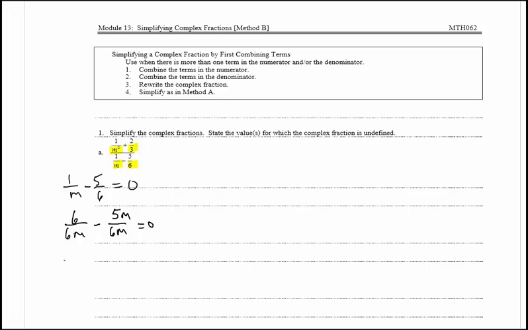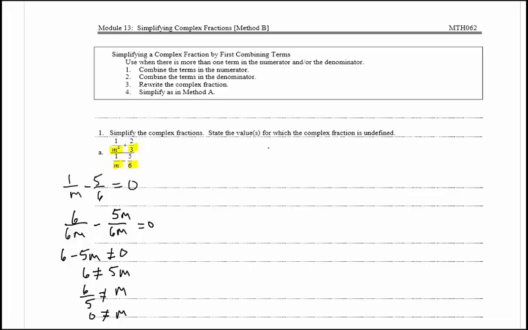Then 6 minus 5m cannot equal 0, and we would solve for m, so 6 is not equal to 5m, and m cannot equal 6/5. And we also said that m cannot equal 0. So this complex fraction is undefined when m is equal to 6/5 or m is equal to 0.